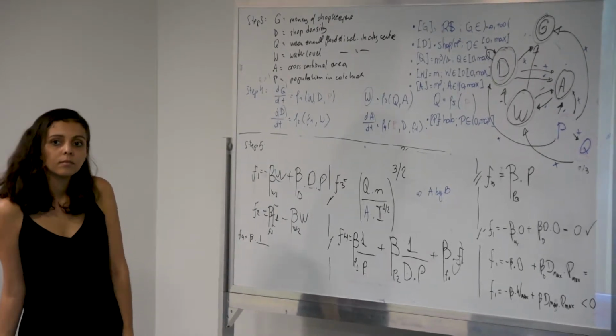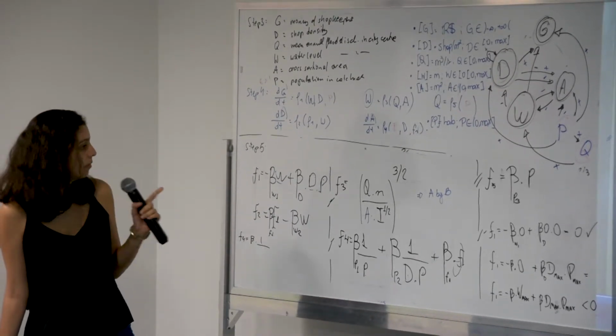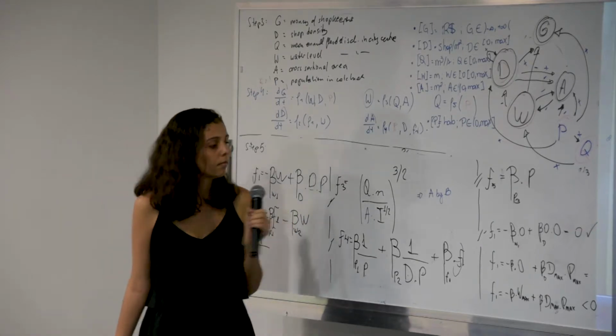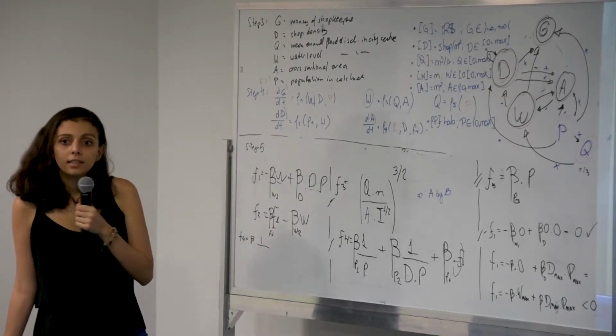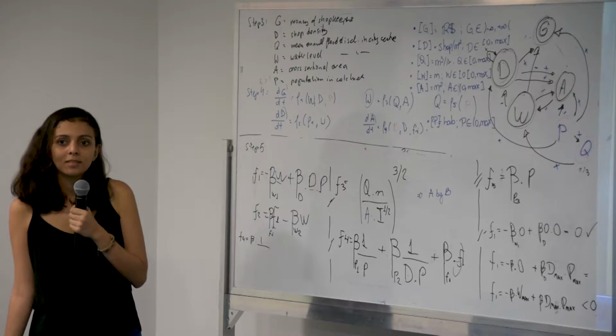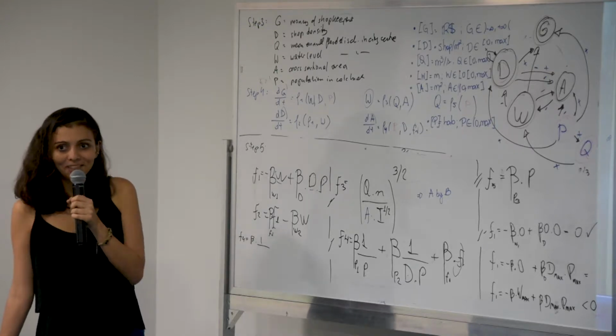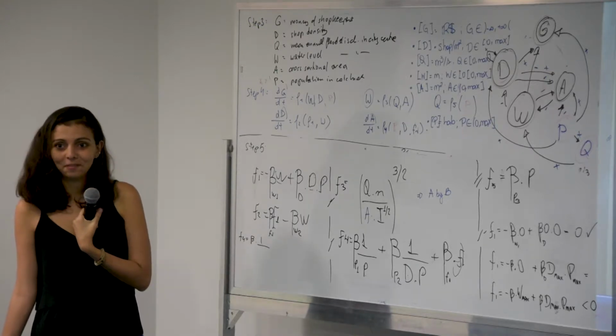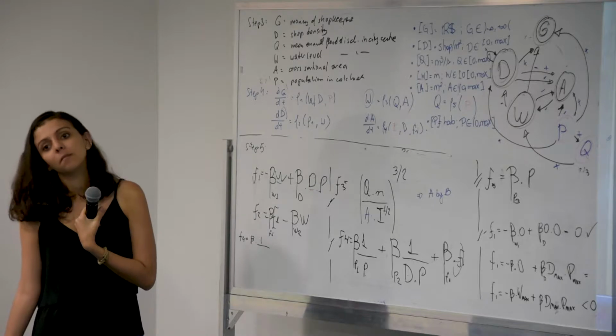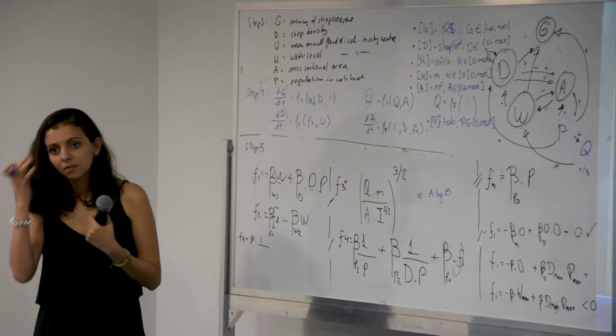But in that case, the F3 equation would be wrong, because this equation is for channels, and it's above the channel. So the equation for the water level is not right. It's not correct anyway, because we need to account for the total area. So we know there's something that needs to be fixed.